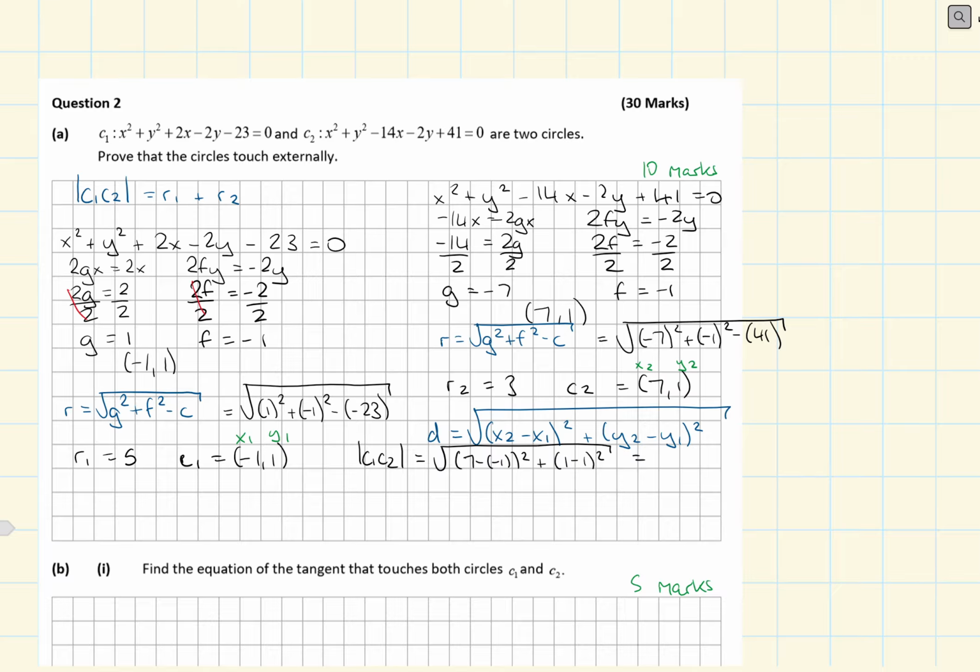And again, all into the calculator. And we get back 8, and then R1 plus R2 will equal 5 plus 3, which is 8.